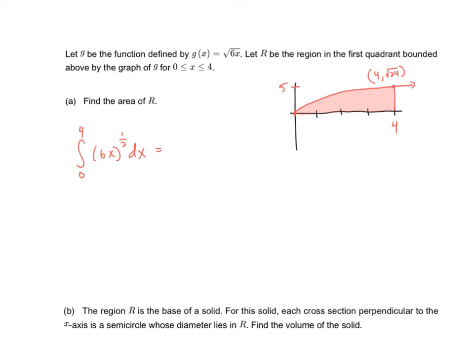This (6x)^(1/2) is like 6^(1/2) times x^(1/2), so that's square root of 6 times x^(1/2). I'm going to rewrite it like that and pull out the square root of 6.